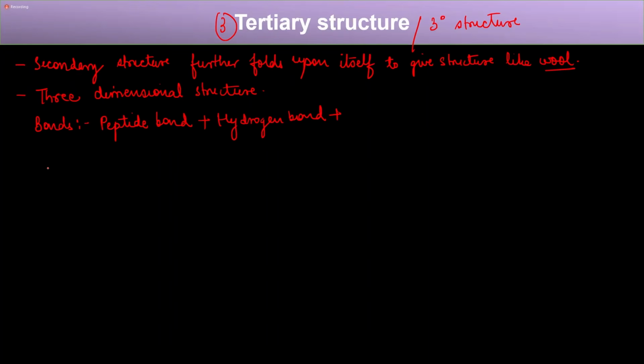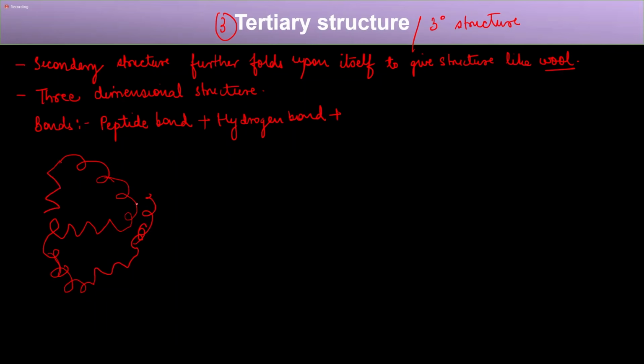Your tertiary structure will be formed by the folding of the secondary structure, so it will have alpha helix, then sheet, then helix again, then sheet, something like this.